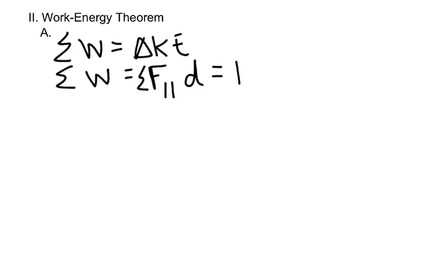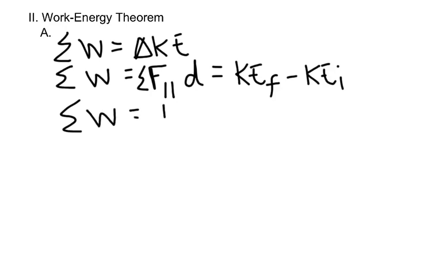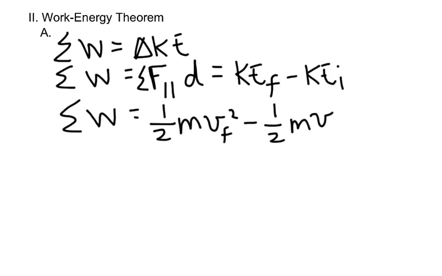And change in kinetic energy will be the final kinetic energy minus the initial kinetic energy. Or we could say that my net work is equal to the final kinetic energy, 1/2 mv final squared, minus the initial kinetic energy, 1/2 mv initial squared, or the initial speed squared.